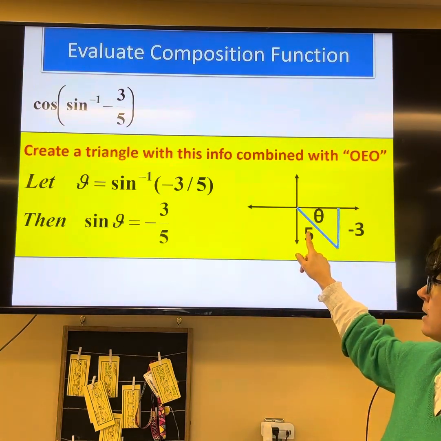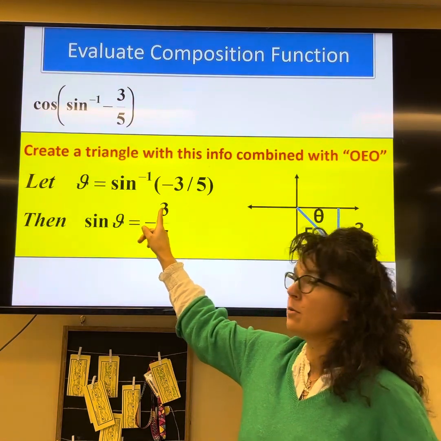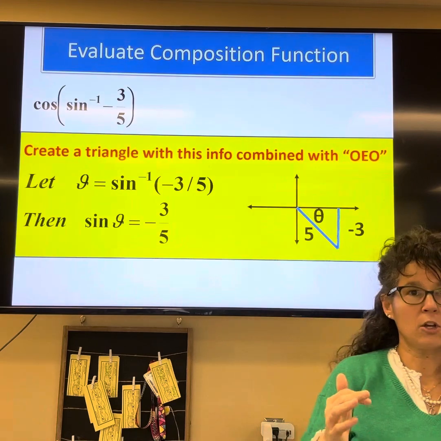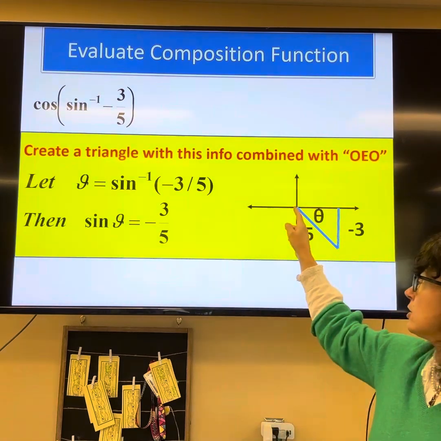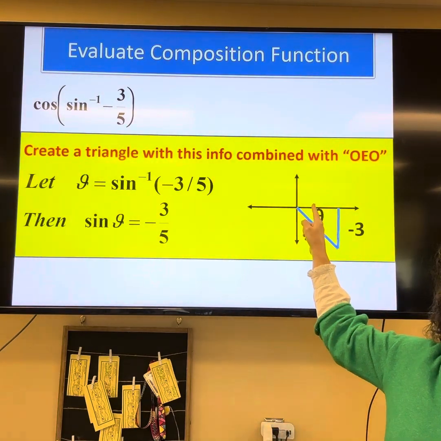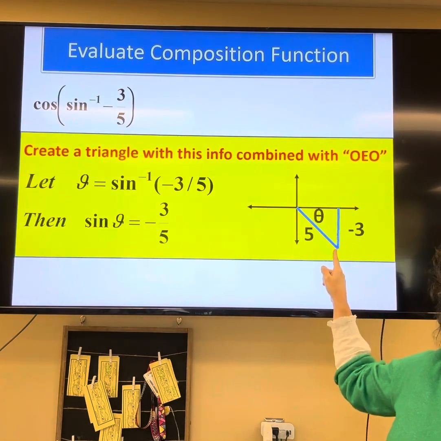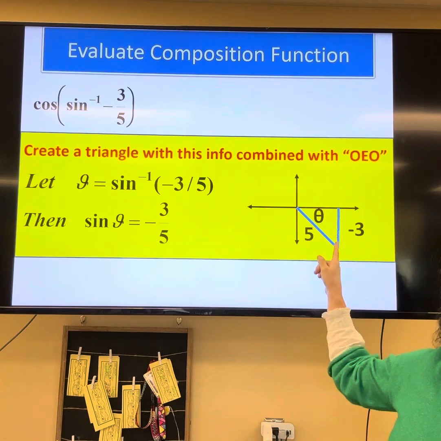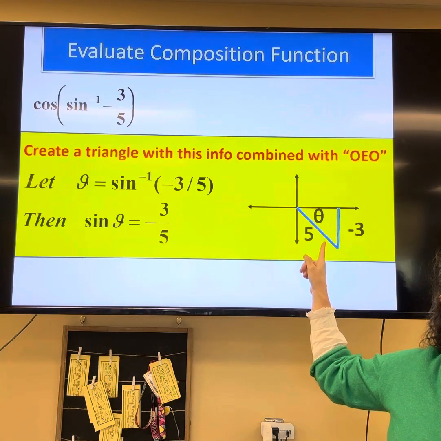So if this is a positive number, I'm going to have to make the 3 be the number that's negative. It's also directional. This is right, so this number is positive. This is down, so this number is negative. And the radius, which is what your hypotenuse really is, is always positive.